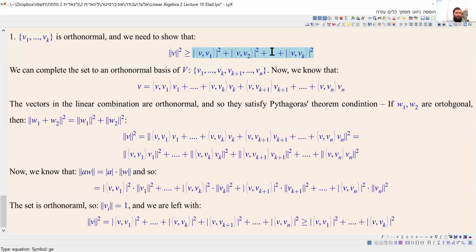But as I've already said, Bessel says another thing. He says that when V is in the space spanned by V1 to Vk, it equals this sum here.